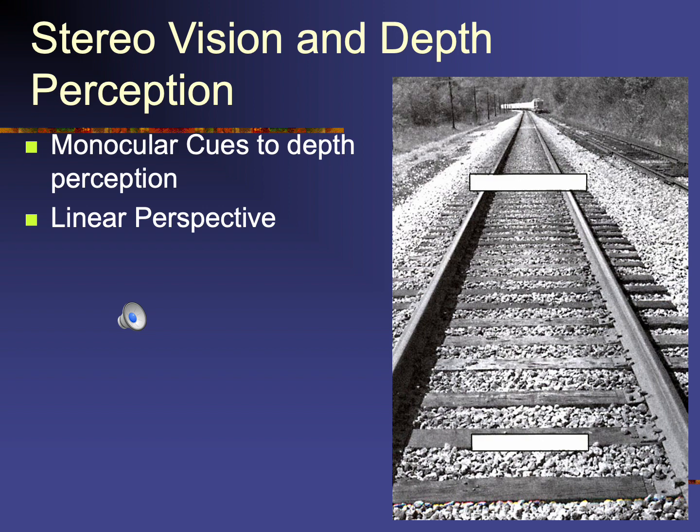Another is linear perspective. As you see here, if you think about perspective, parallel lines, for example, when they're going off into space, appear to converge to a point. And that's just an artifact of our vision, of using a lens to perceive light. And we have this perspective model.